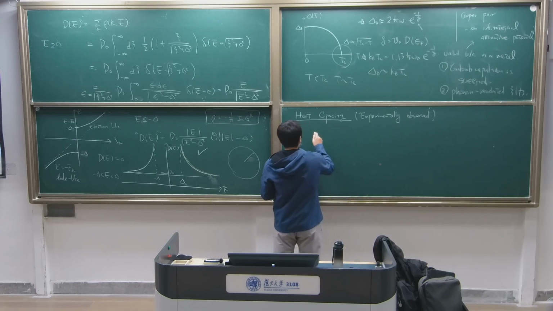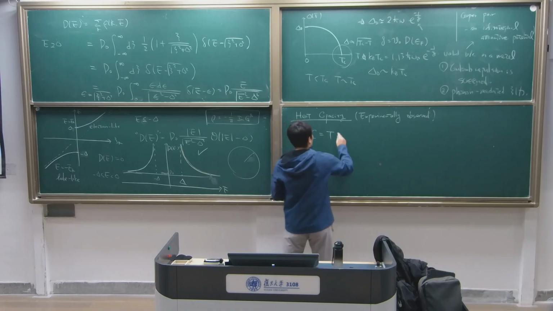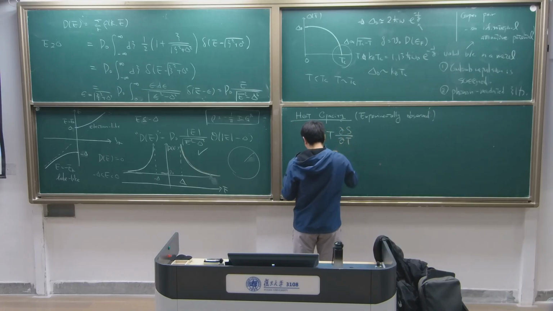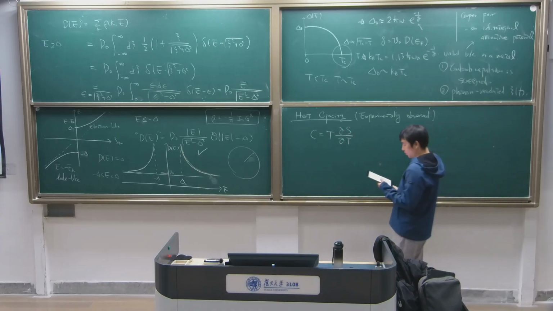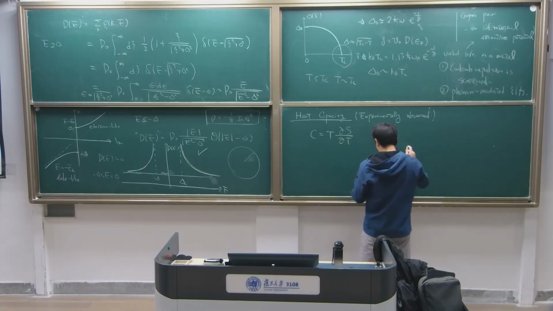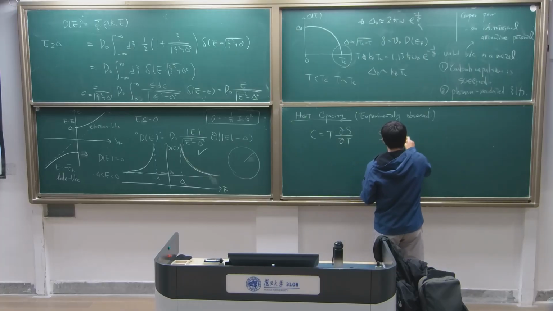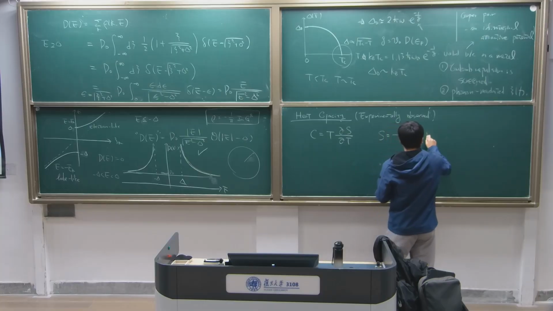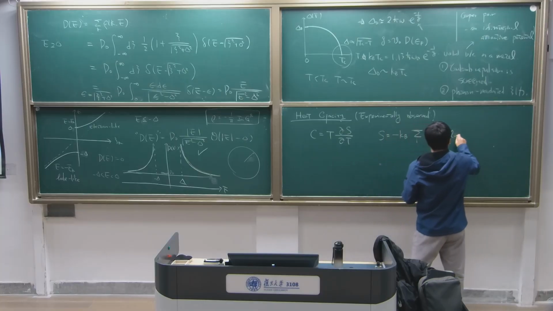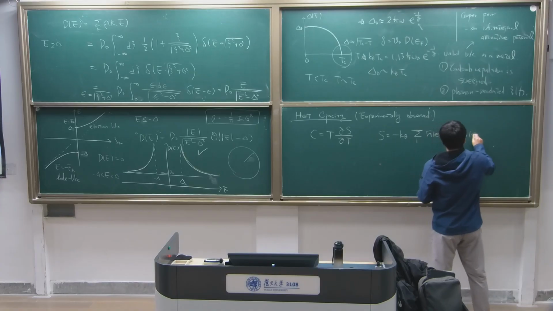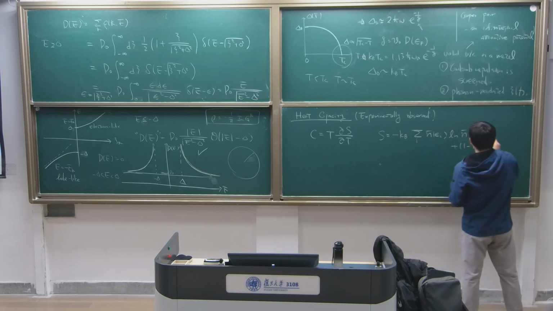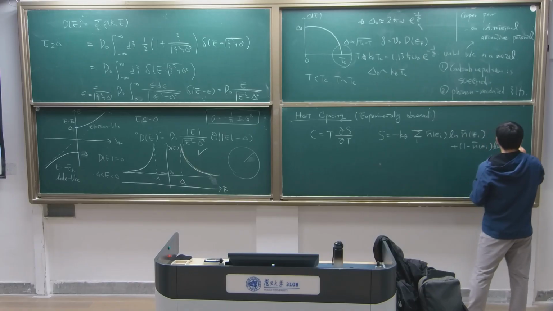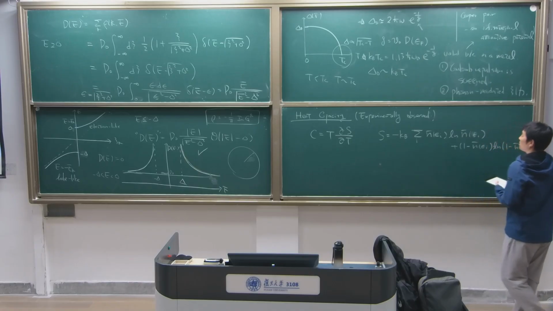The heat capacity is just the derivative of entropy with respect to temperature. And S is given by what we already know: the sum over k of n bar log n bar plus 1 minus n bar log of 1 minus n bar.